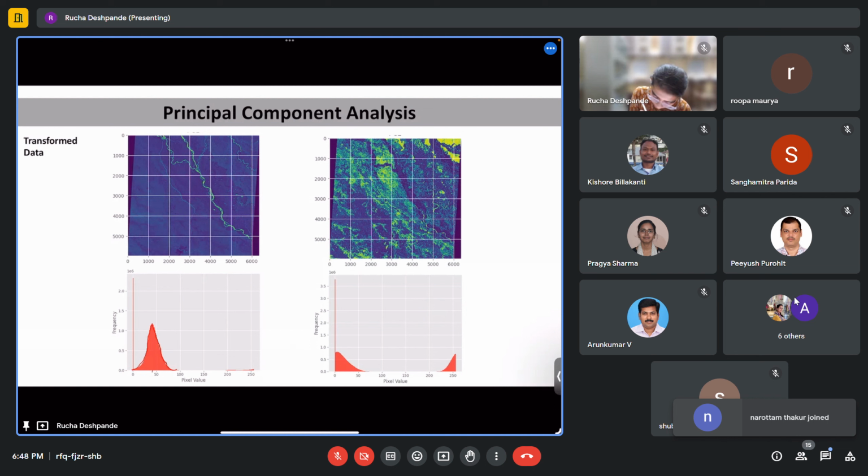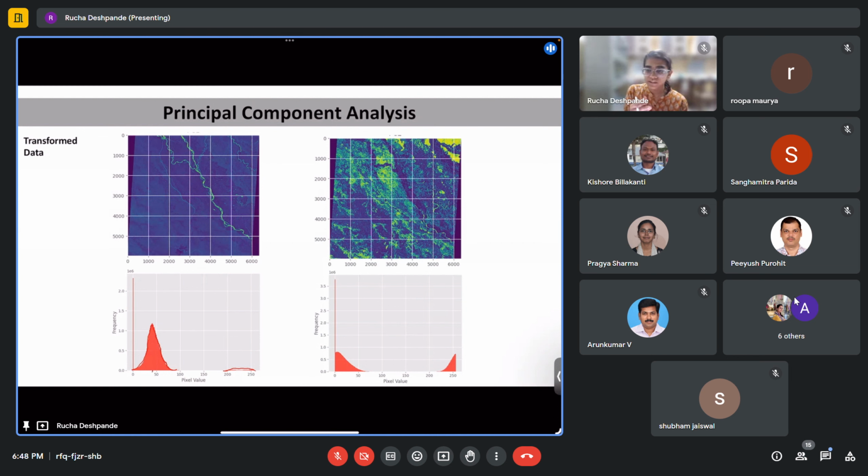Then between 200 and 250, there is a very small area spanning this range. These are all the brighter pixel values. After this transformation, the distinction between the river channels and the surrounding vegetation is more clear.